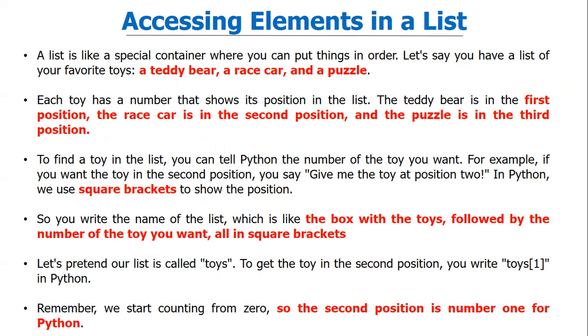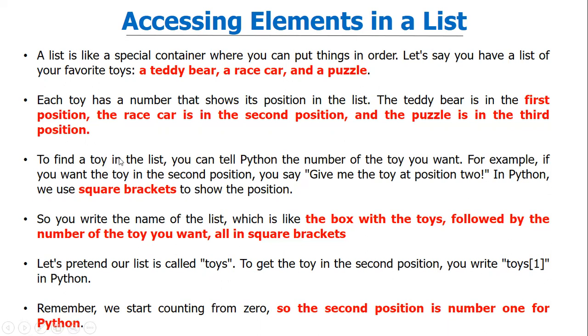Why? Even though this particular toy, if you are counting, this is the first one, this is the second one. So let's say we want to pull out this race car in our second position, but we are saying that to get a toy in the second position, you write toys[1]. Why? This is second, but we have 1 over here in Python.